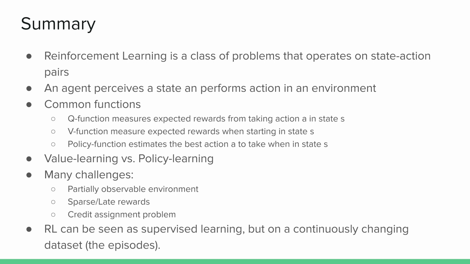So this credit assignment problem is really, really challenging. And finally, reinforcement learning can be seen as a sort of supervised learning, but on a continuously changing data set. So it's a classification problem, but instead of having the same data set running over and over again, we're seeing different data at each episode.